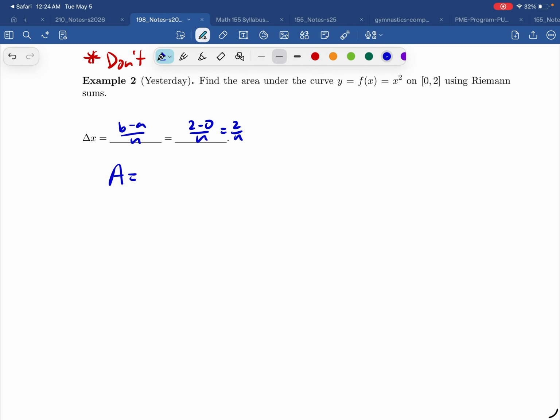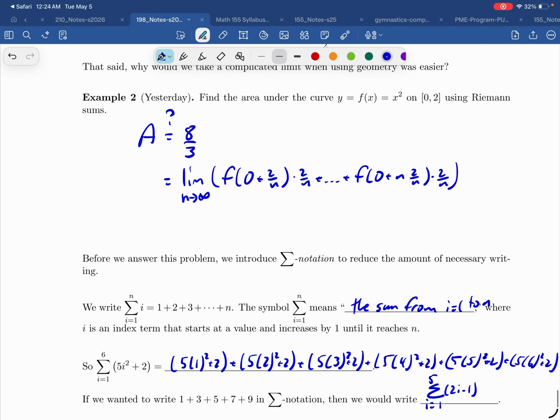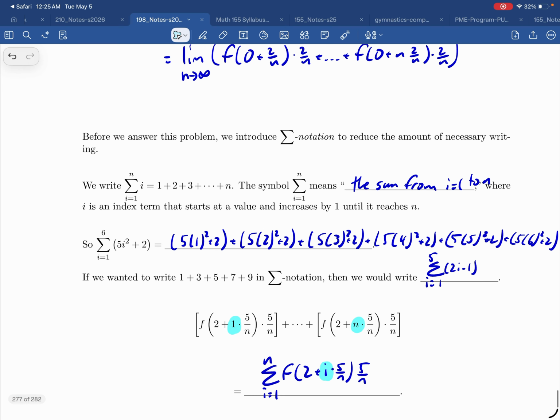So the area is going to equal, actually, I'm just going to copy a little bit here. Just copy this.